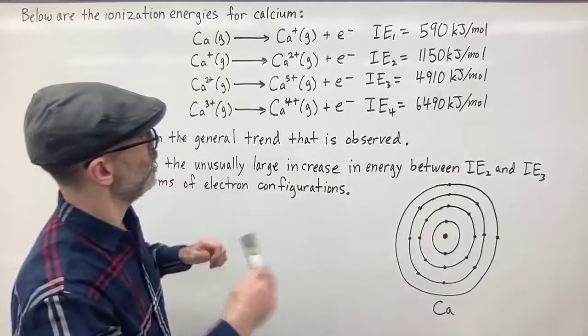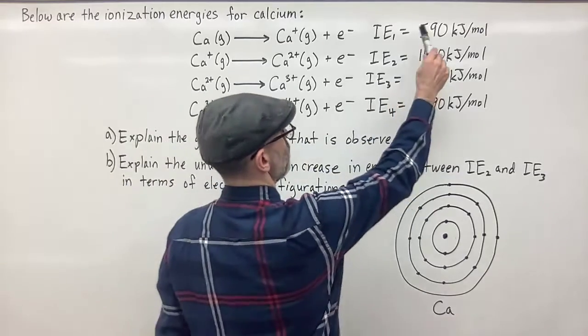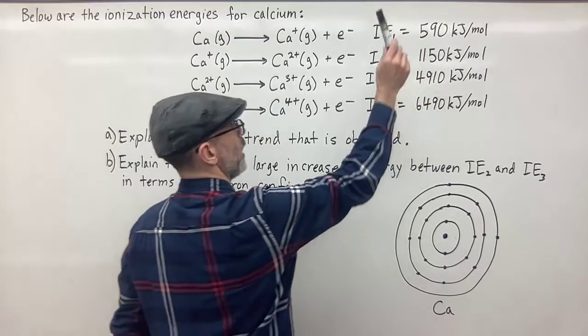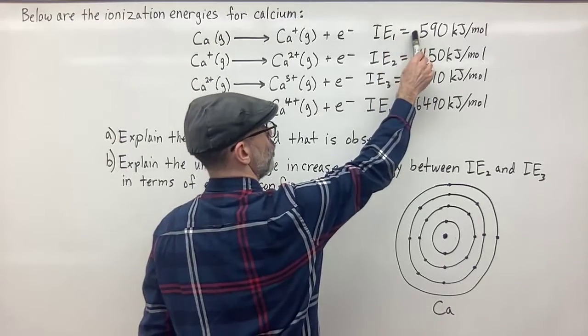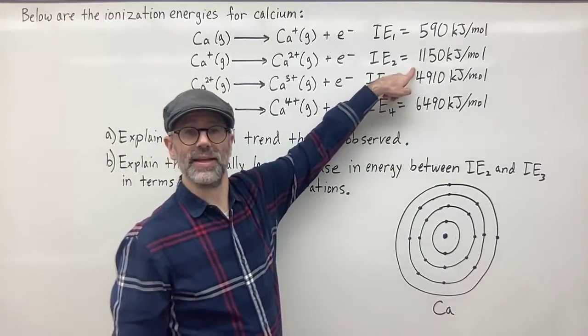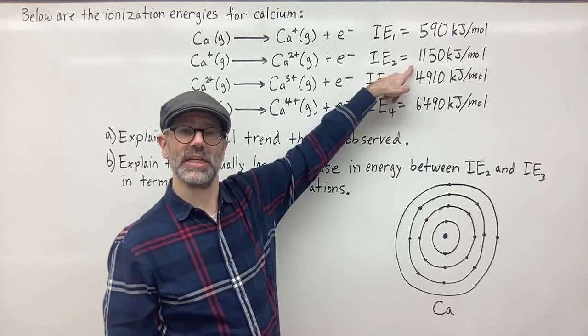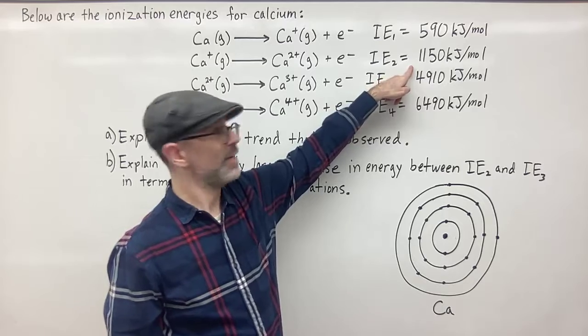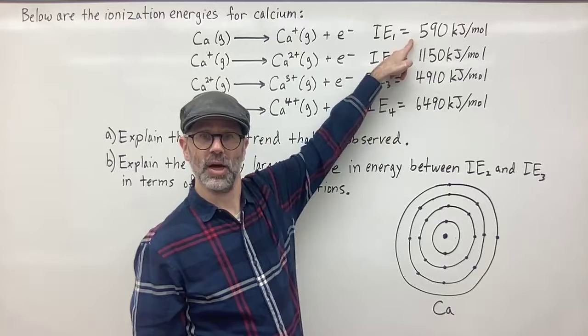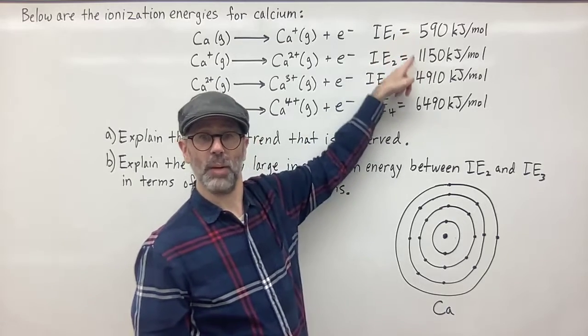So if you compare the increase in energy when you remove the first and the second electrons, you'll notice that the amount of energy needed to remove the second electron is about double what it took of the first. Okay, so it doubled in size.